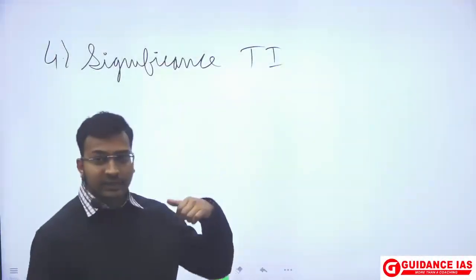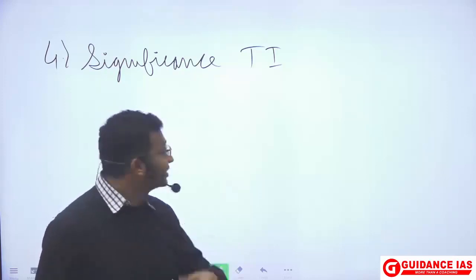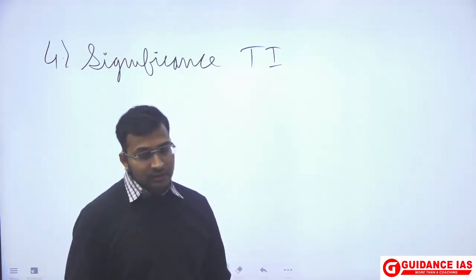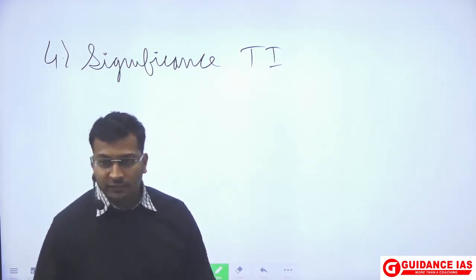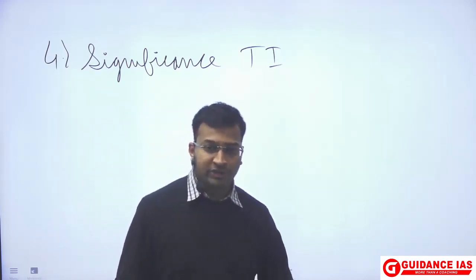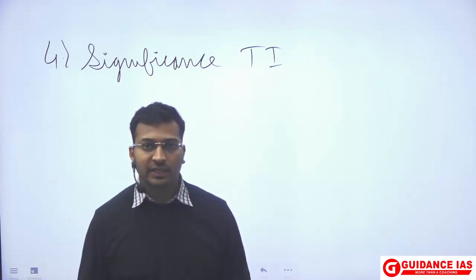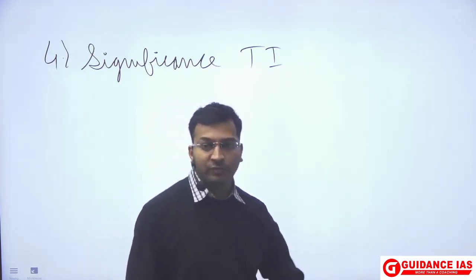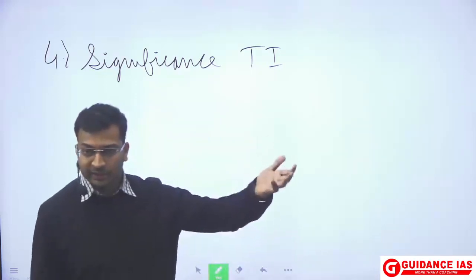In significance of temperature inversion, the common surface inversion leads to formation of fogs, as we have seen in advection temperature inversion. It leads to formation of fogs in the temperate regions.